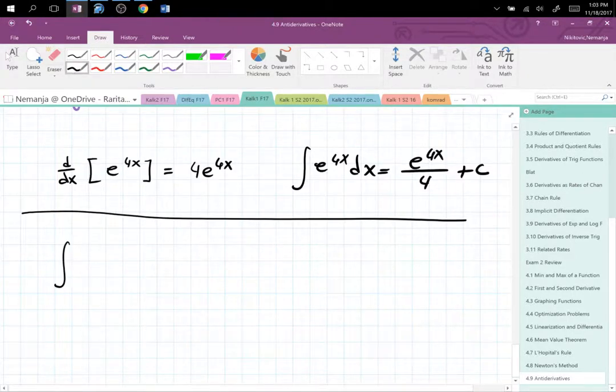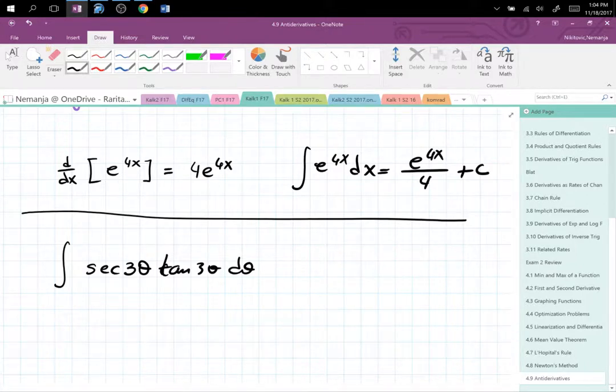Say integral of tangent. Can't do tangent. Integral of secant 3 theta tangent 3 theta d theta. So now you see it's a 3 theta there, right? It's 3 theta, 3 theta.